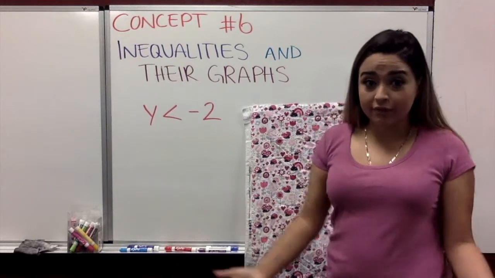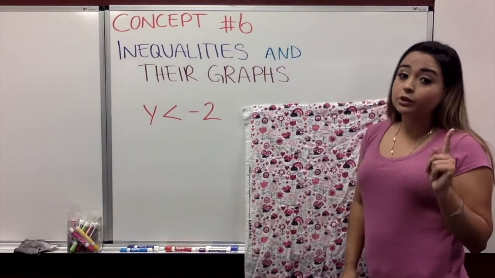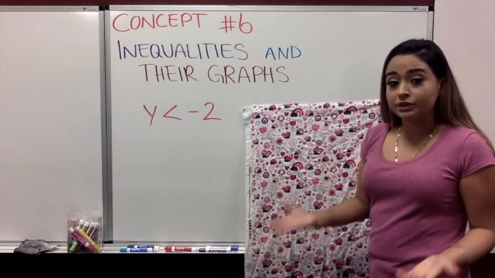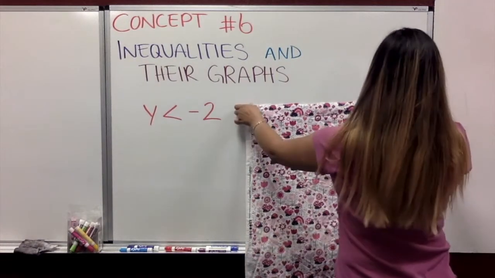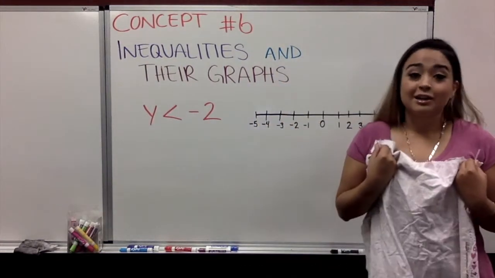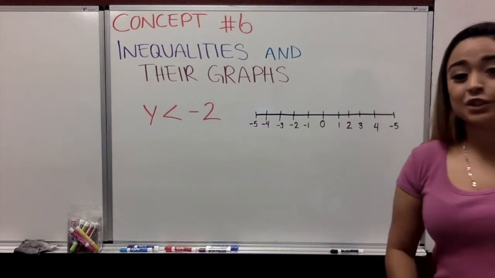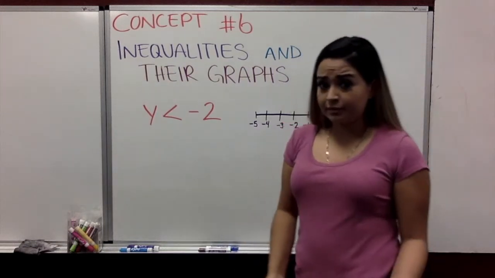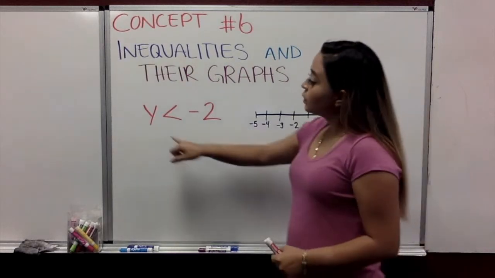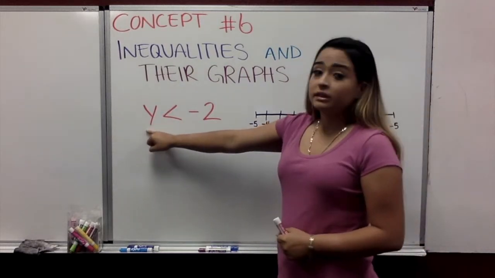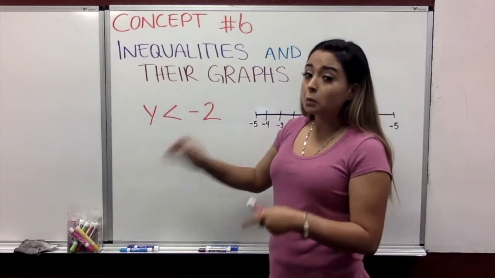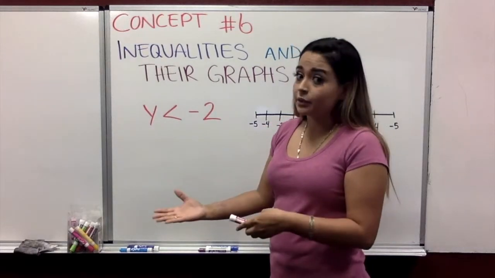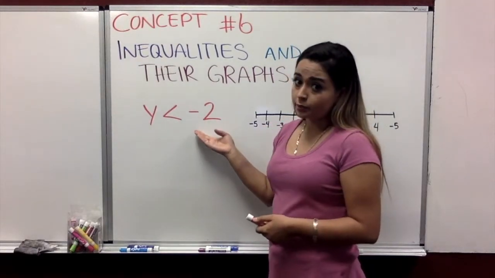Now, how to graph it? We're going to start off by using something that we have already used in the past, a number line. So this should look familiar. We know that y is a number that is smaller or has less value than -2.